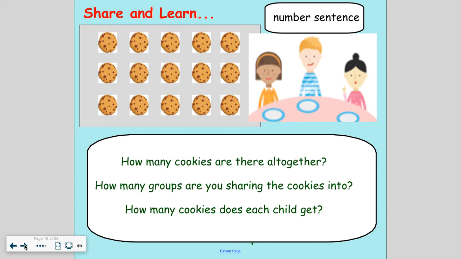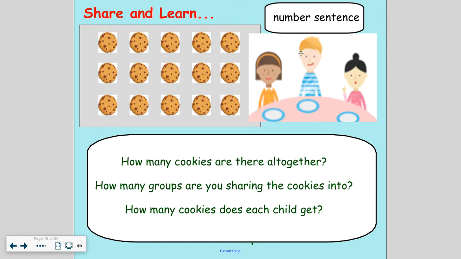Can you have a go at sharing these cookies between 3 children? You might want to use objects to represent your cookies. To be able to do this, you need to think about these 3 questions to help you work systematically. That means in a sensible order. First, how many cookies are there altogether? How many groups are you sharing the cookies into?